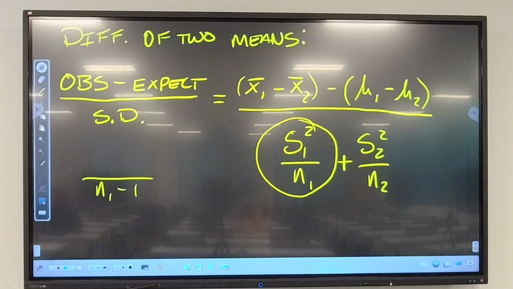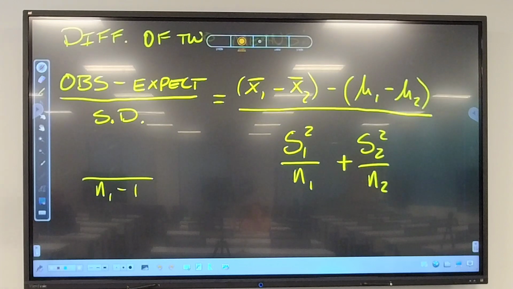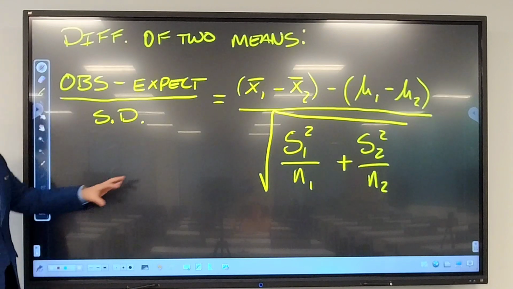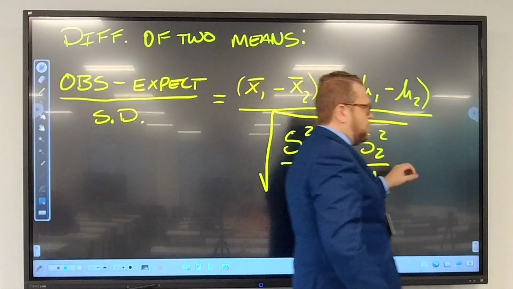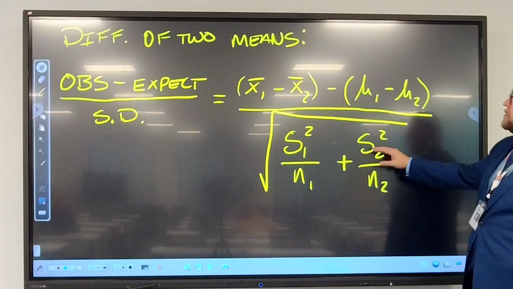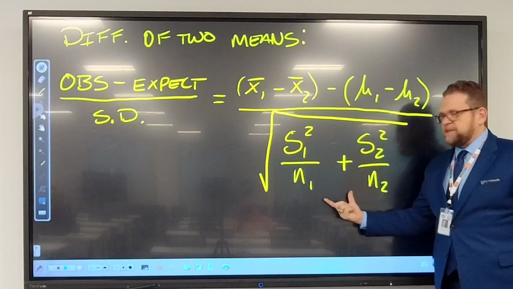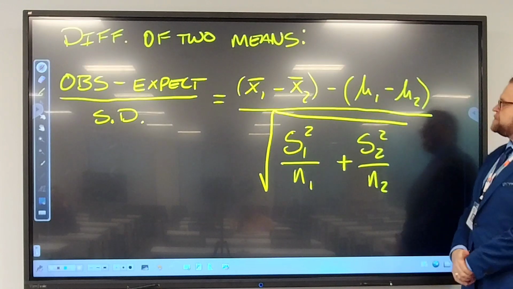So the numerator has the sum of the squared deviations, divided by n1 minus 1, and then divided by n1 again. So you have this number, you add it to this other number, you take the square root, that is the standard deviation of this joint deviation of these two means.